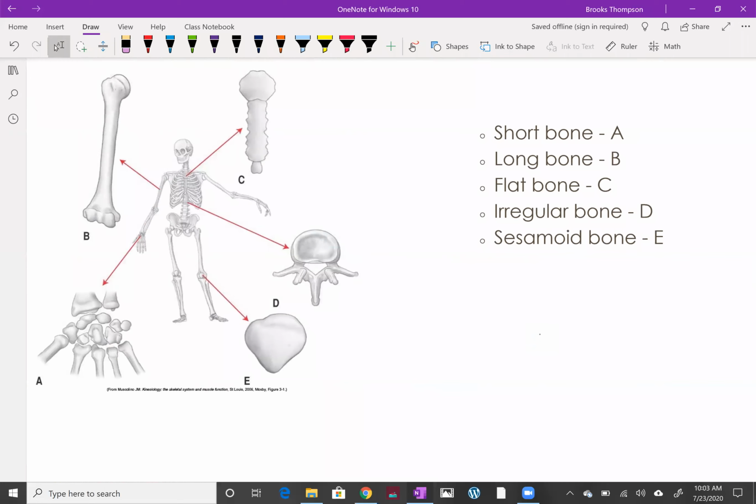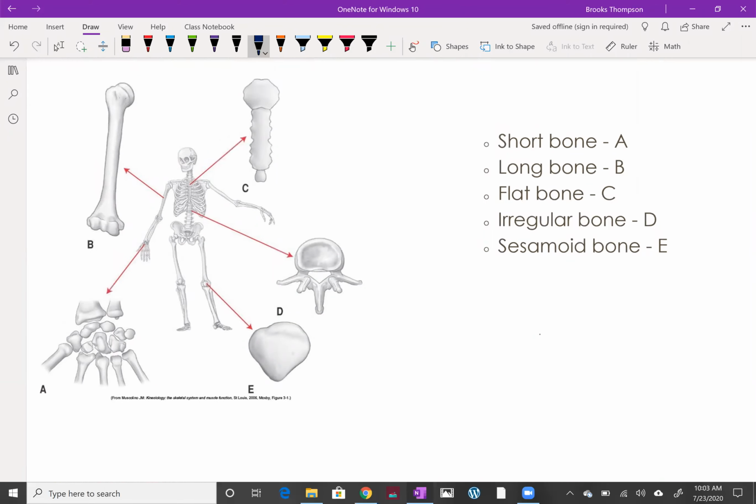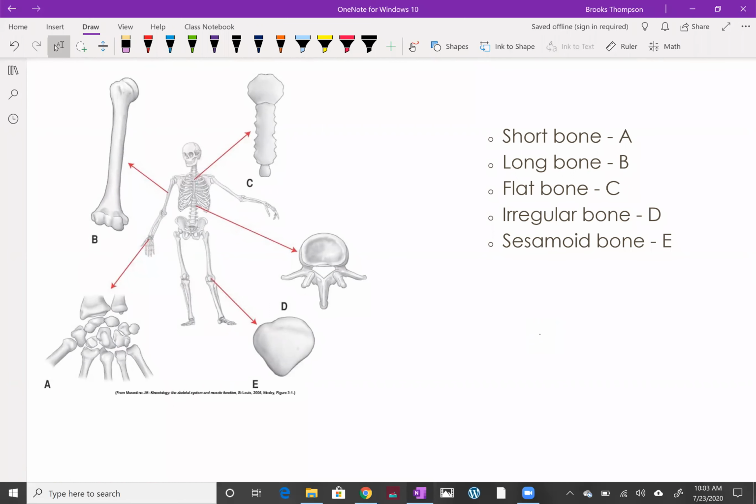Now let's look at some different types of bones here. And all of these pictures are from your PowerPoint slide, by the way, so you can go to town on that. So we're looking here. Let's look at A. You can see that that is short bones down here. So you say like the carpals in the hands.